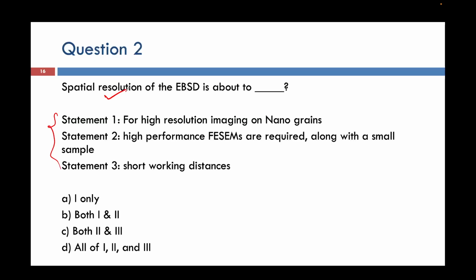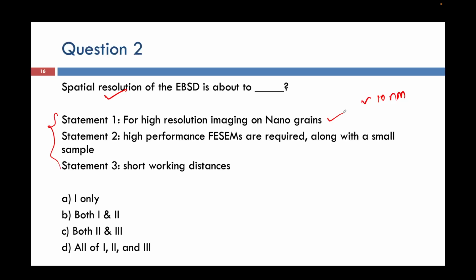It is related to the spatial resolution of the EBSD. For high resolution imaging on nanograins, yes, since for nanograins the resolution of the EBSD is in the order of 10 nanometer. If we want to determine the crystal size or the orientation relationship on nanograins, we can do it using EBSD.